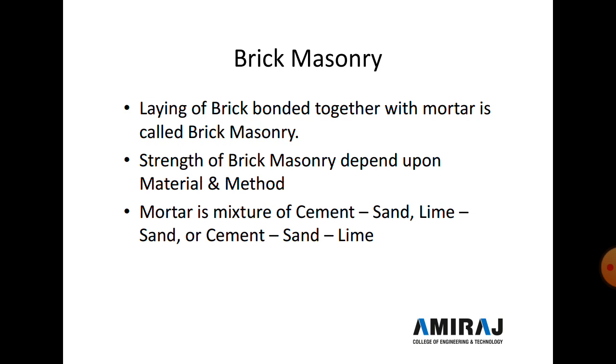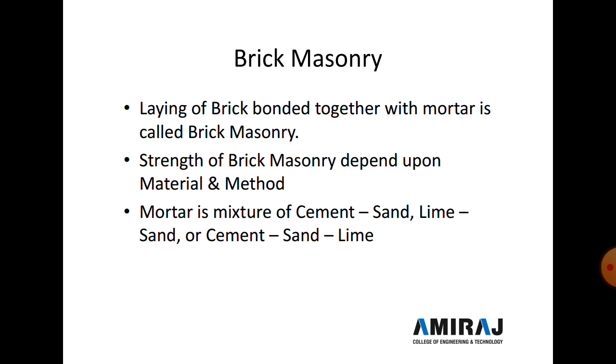Mortar is a mixture of cement and sand, or a second type of mortar is lime and sand, or a third type is cement, sand and lime. By using this type of mortar, we bond the bricks with each other, and this is called brick masonry.